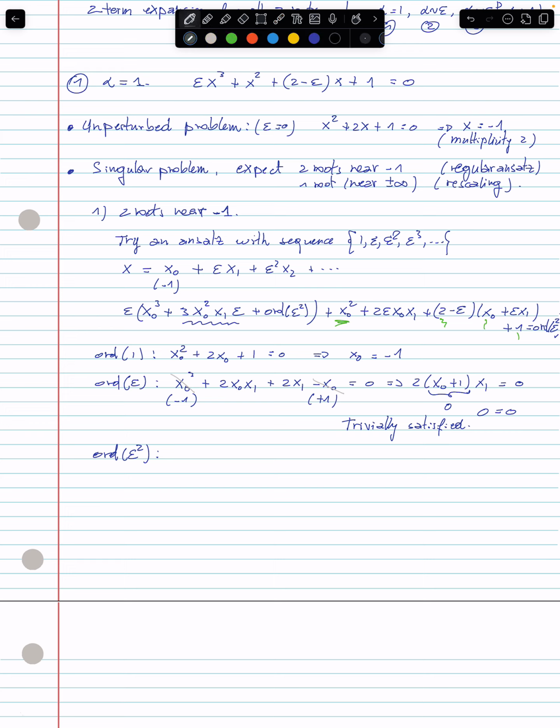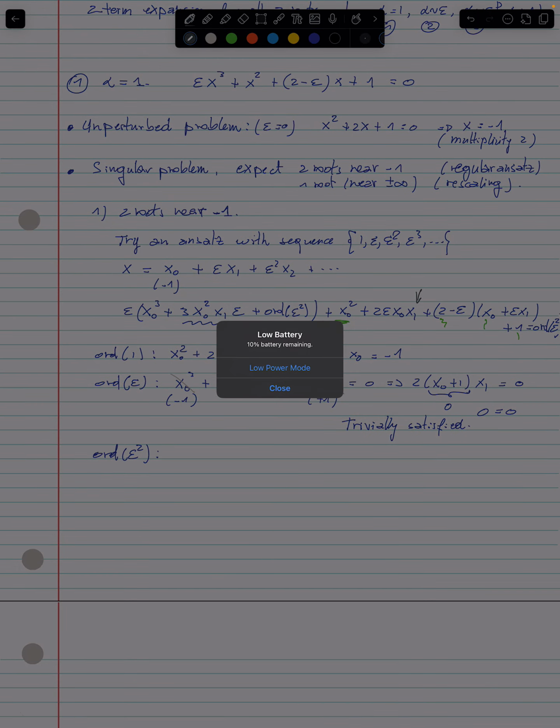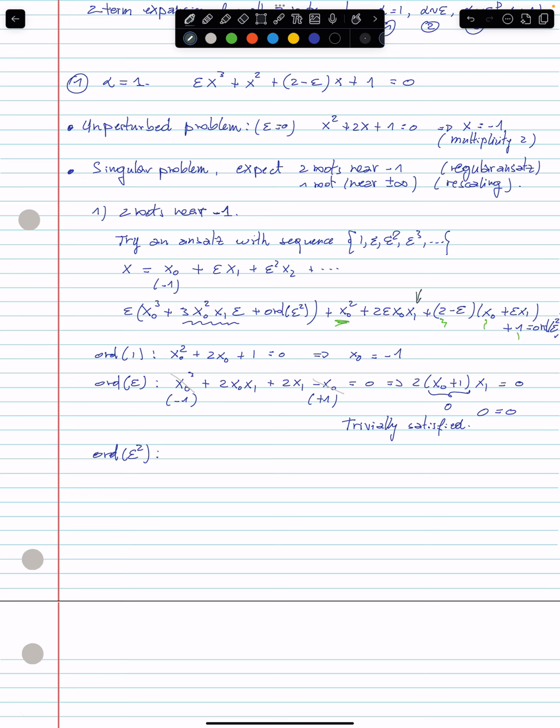I'm going now to add terms that I missed before. So in here, what we missed is something coming from x squared, and x squared will provide epsilon squared x1 squared plus twice x0 x2 epsilon squared. That's a little bit more complicated, and here we have plus epsilon squared x2.